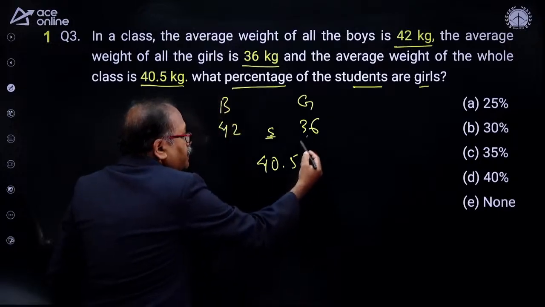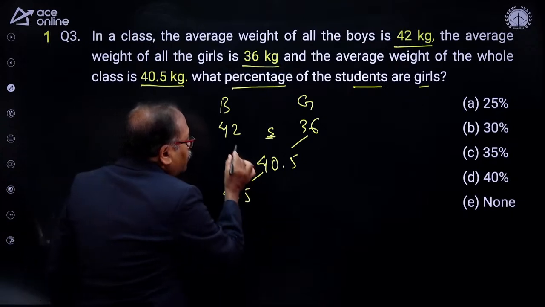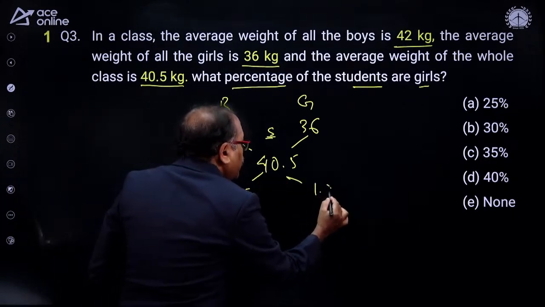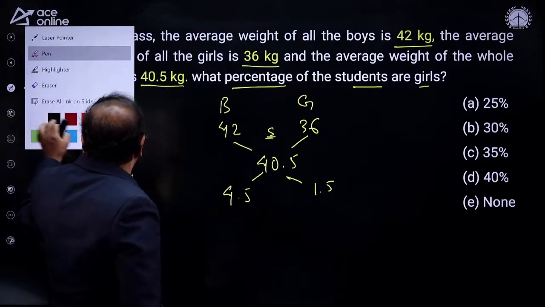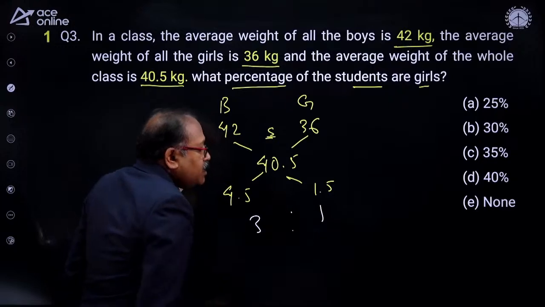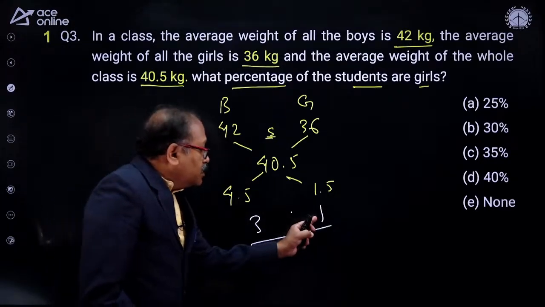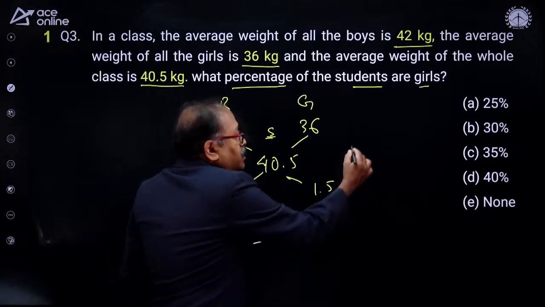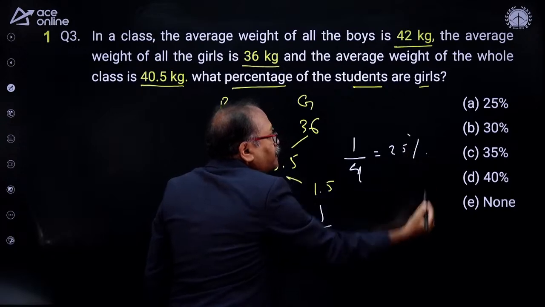I will take the difference from here to here, which is 4.5, and from here to here, that is 1.5. The ratio of boys to girls is 3:1. The total number of students is 4 parts, the girls are 1 part. So what is the girls' percentage? 1/4, which is nothing but 25%.